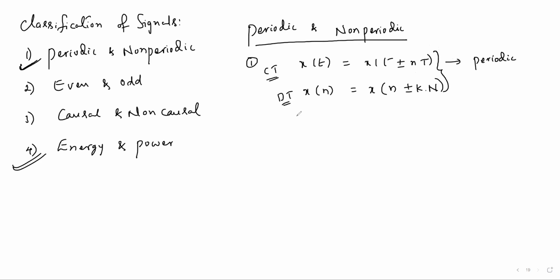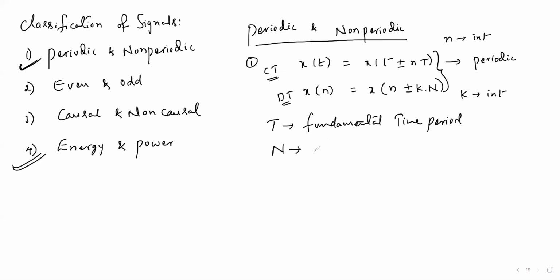Here, n is any integer value. Here, k is any integer value. Capital T is the fundamental time period of the signal. Similarly, in discrete time, capital N is the fundamental time period of the signal.